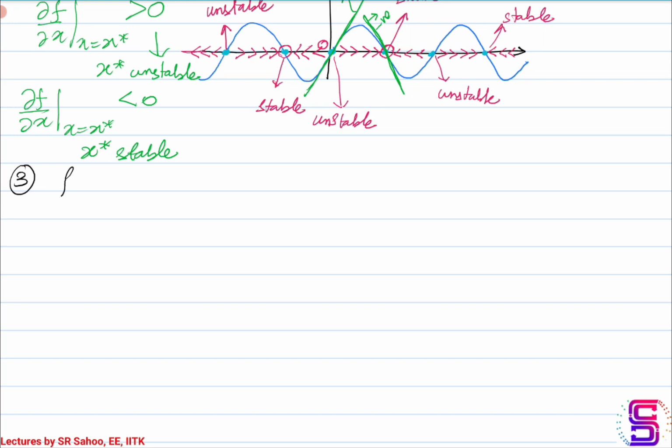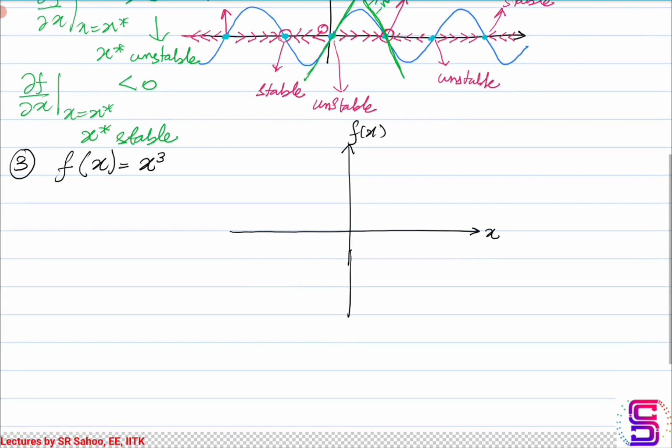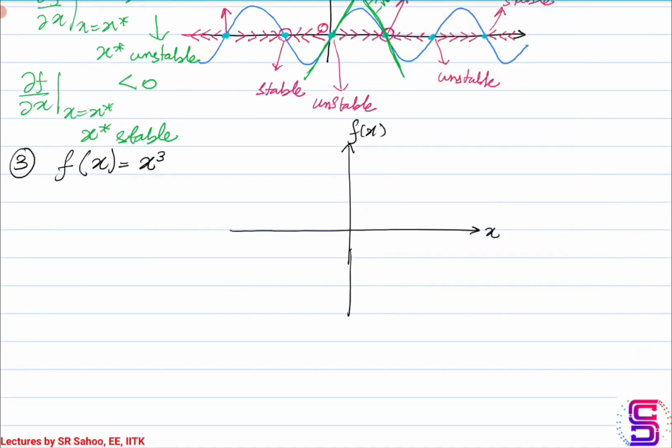For example, let's say f of x is x cubed. So in this case, with this as the x-axis and this as the f of x axis, the graph of x cubed will actually look like this.